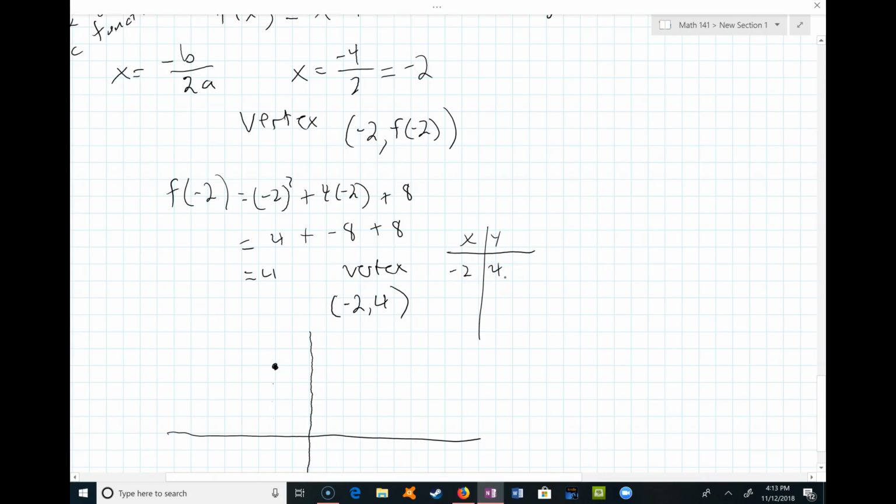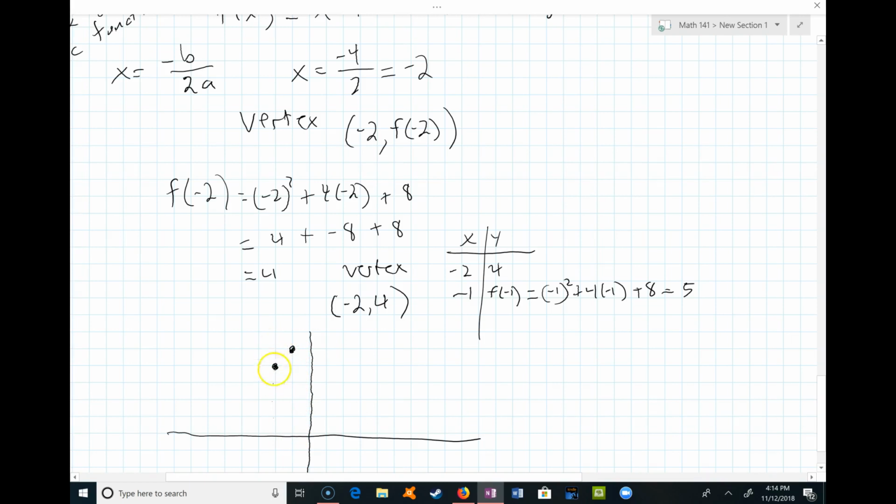Then I'm just going to grab another point close to that, like negative 1, so I can really begin to see the shape. If I put a negative 1 in there, this is going to be f of negative 1, which is negative 1 squared plus 4 times negative 1 plus 8. And that is what? 1 plus negative 4 is negative 3 plus 8 is 5. So at negative 1, I'm located at 5, aren't I?